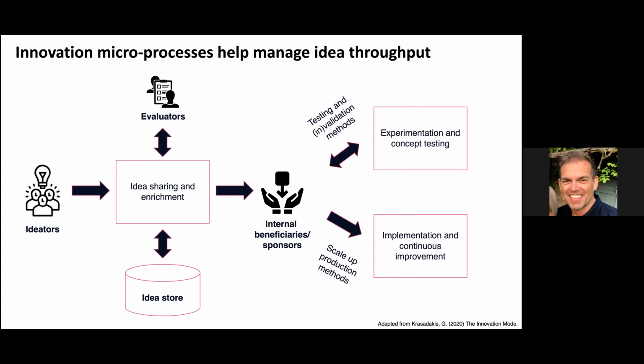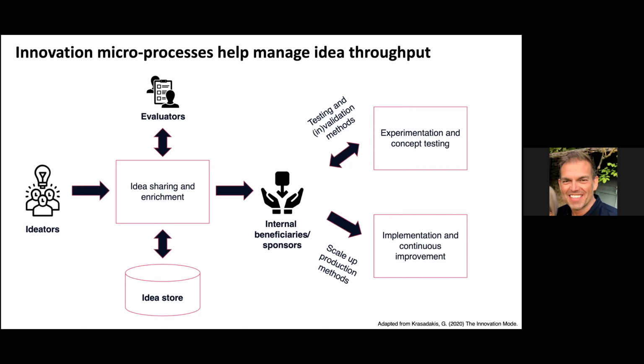Individuals and teams who may benefit from these ideas can then initiate further development of the idea with or without the original person or the original team that came up with the idea, to move into experimentation, concept testing and analysis, or to move straight into implementation if the idea is, say, a no-brainer. This might involve handing over into an existing production team within an organization. Leaders regularly participate, provide feedback, and help formulate and prioritize problems and challenges that are informed by the corporate strategy, but this shouldn't be overbearing.